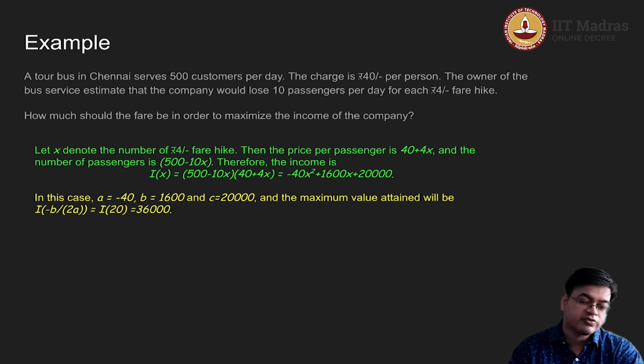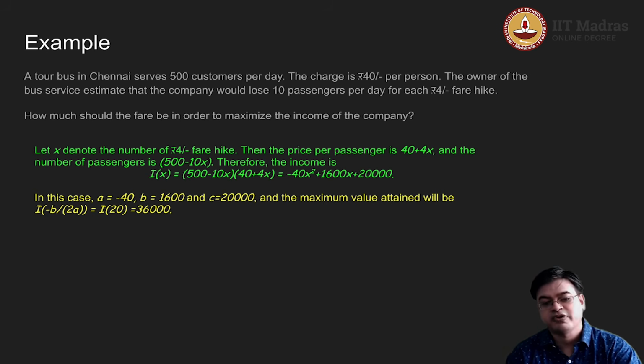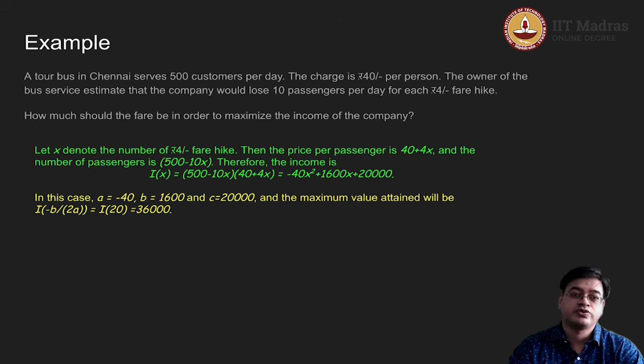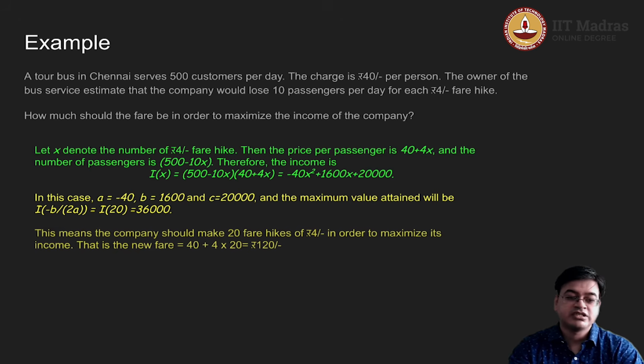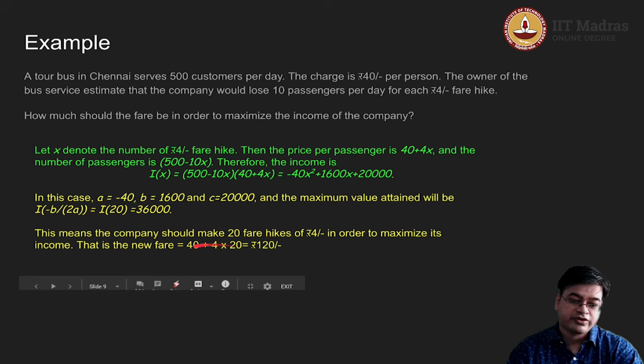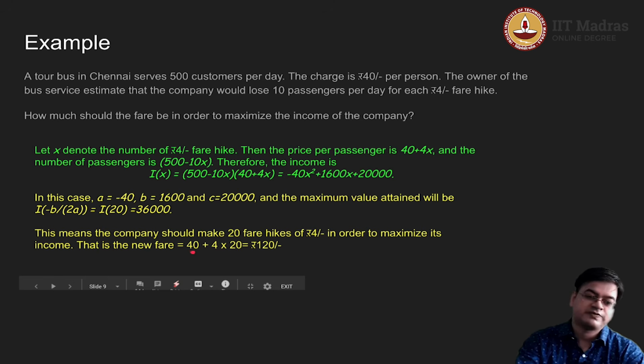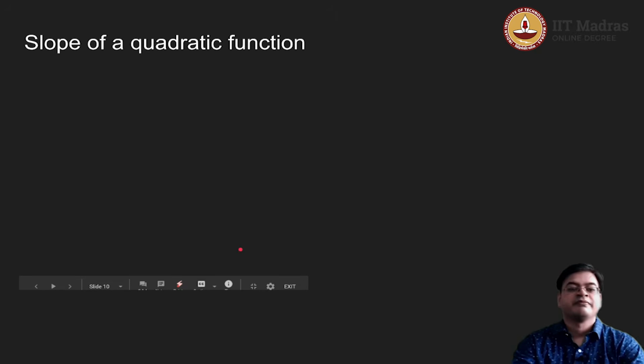Now what we are suggesting here by solving this problem is that there should be 20 units of hike of rupees 4 each. That means there should be an 80 rupees hike in the fare. So the new fare for the company should be 40 plus 4 times x, where x is 20. So 40 plus 4 times 20, that is 40 plus 80, which is 120.